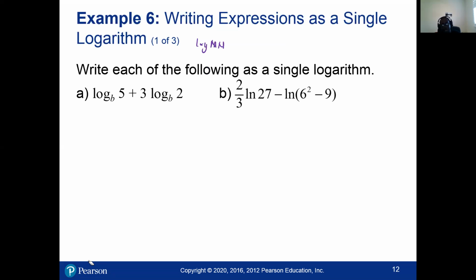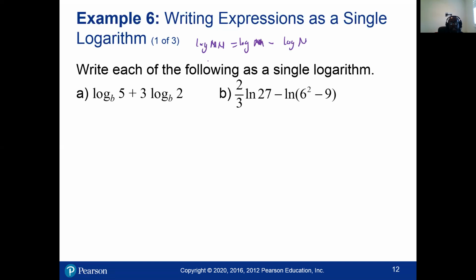But if you have the sum, you can write it as a product. So you're going from right to left. So this becomes log m, minus log n.